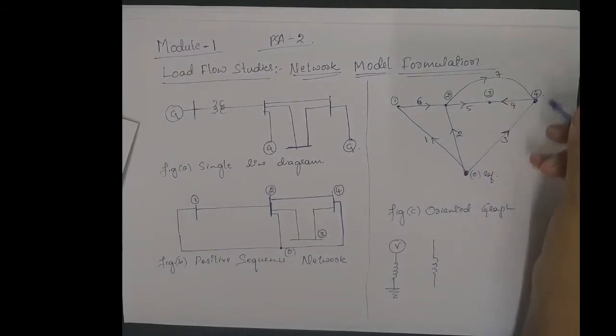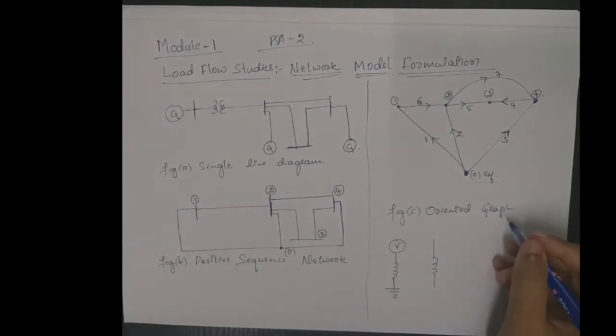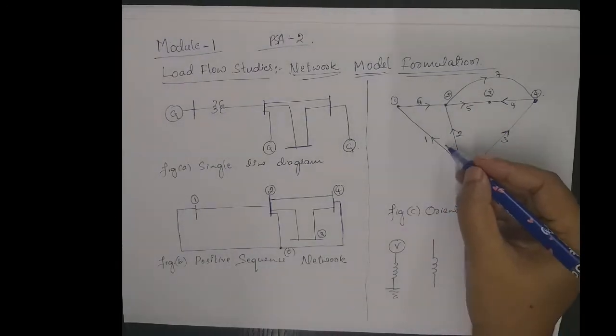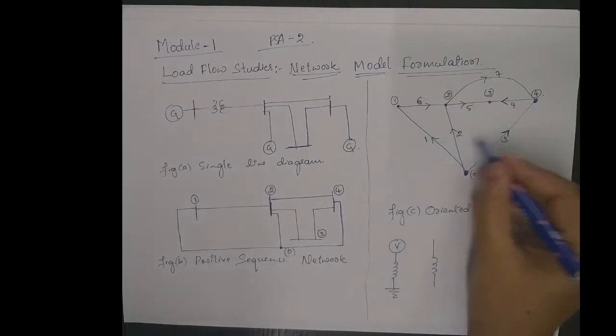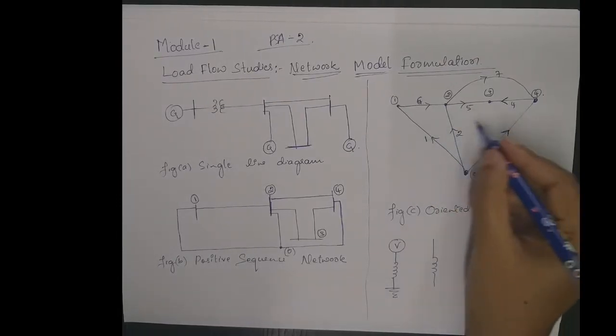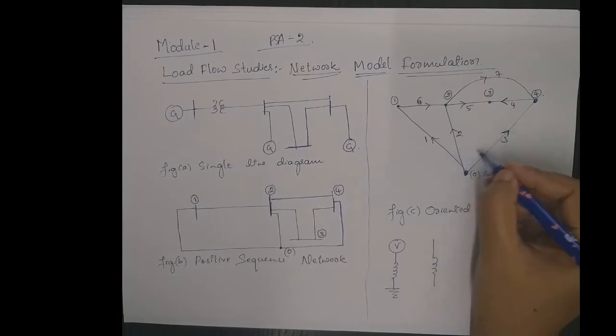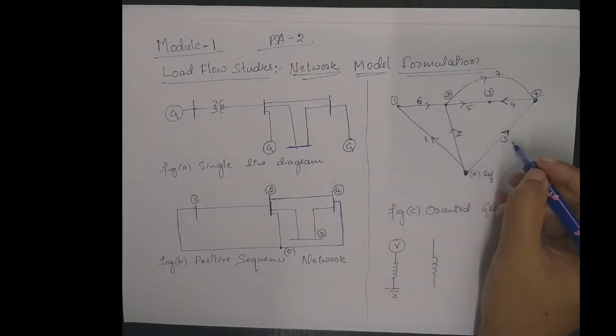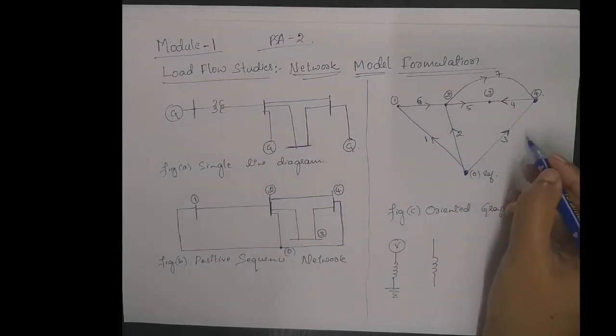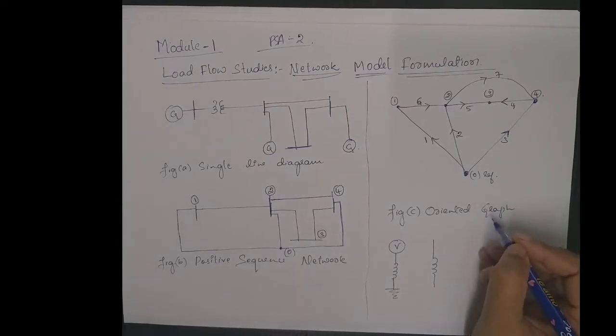So this is now an oriented graph. Why is this called an oriented graph? Because in the graph, for the elements we are assigning the direction. In a graph, if elements are assigned with the proper direction, then it is called an oriented graph.